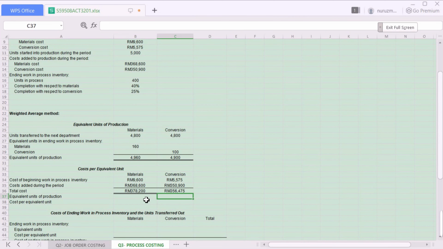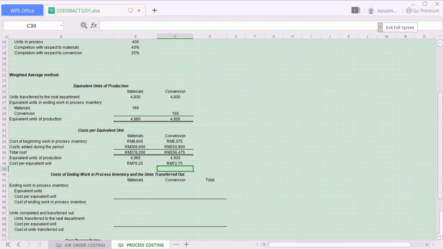Equivalent units of production, we just calculated at the top, which is for materials 4,960, and for the conversion 4,900. Cost per equivalent unit in materials, total cost divided by equivalent units of production. So for materials is 76.25 ringgit, and for the conversion 72.75 ringgit.